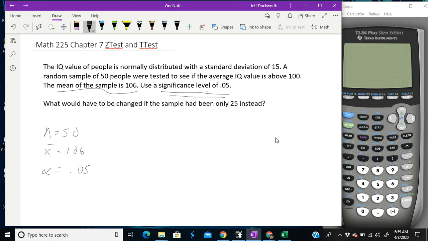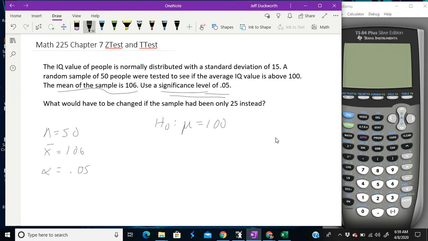All right, so we're doing a test of hypothesis, so we need a null and alternative hypothesis. This is only one sample. I know we're going to do it again with n is 25, but this is just one sample. So our null is the mean, mu, is going to equal 100. We always use the equal to sign for the null.